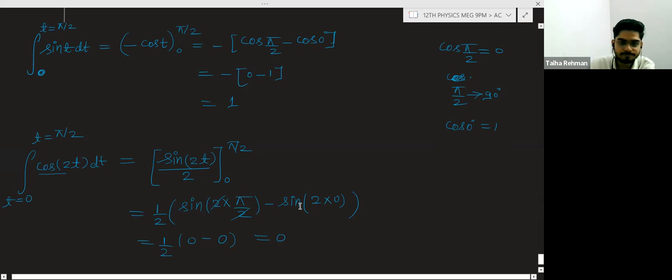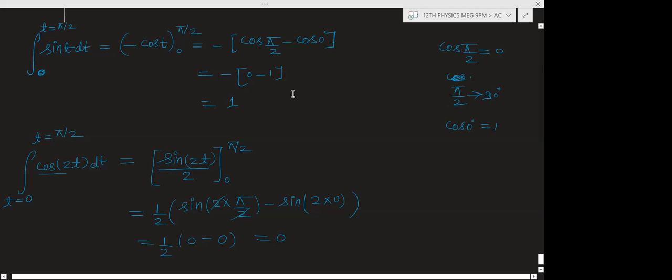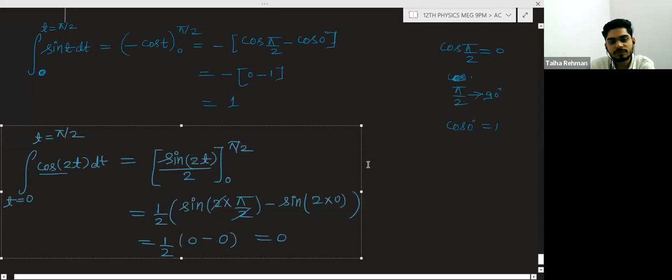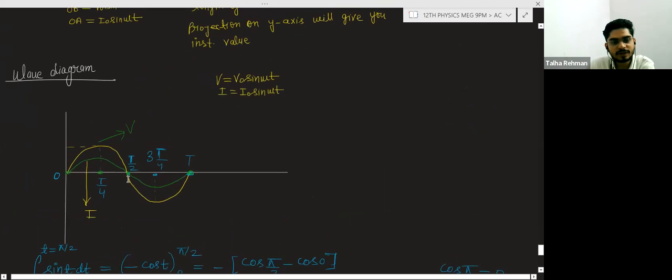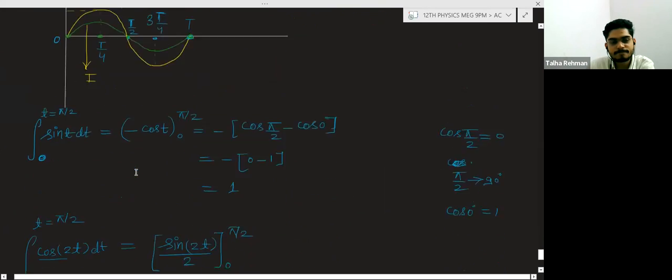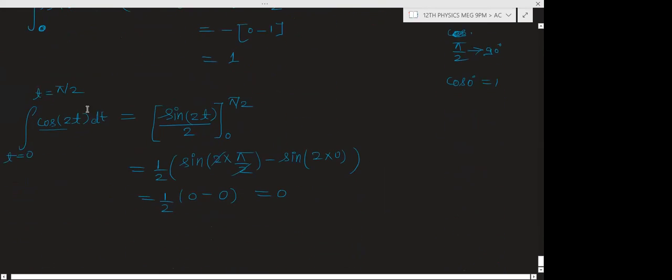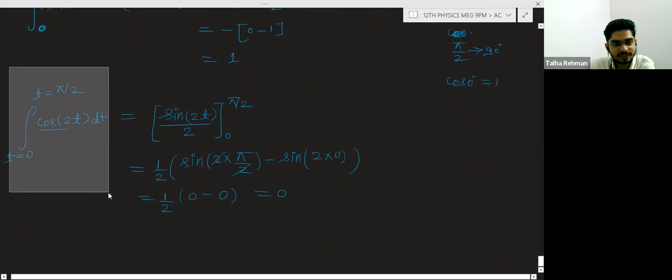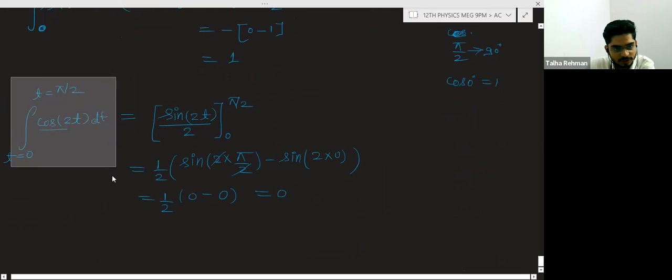Sir, what is this? Is this the wave diagram or the derivation? No, this is just a calculation. I am just integrating this cos function.